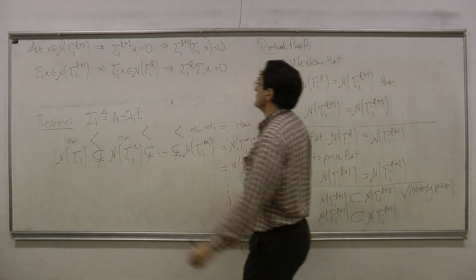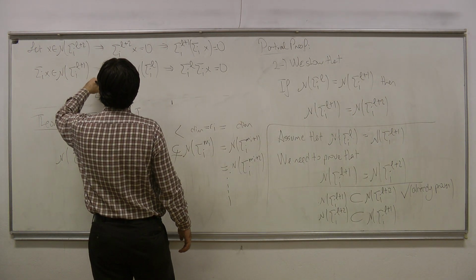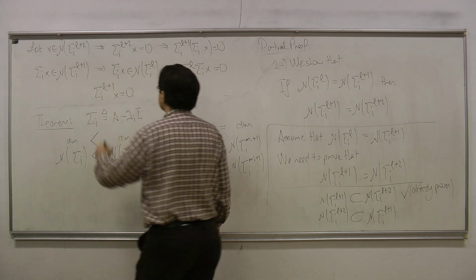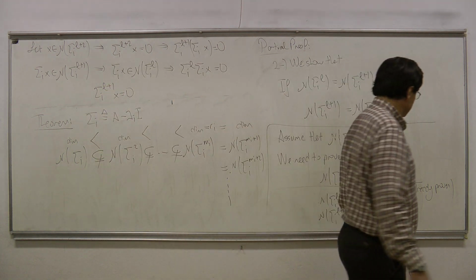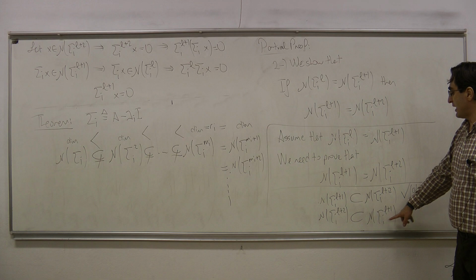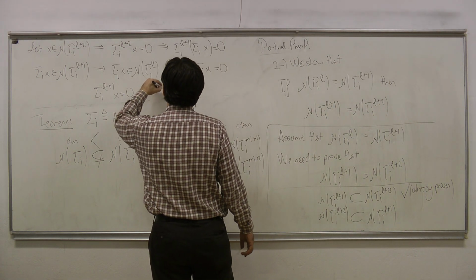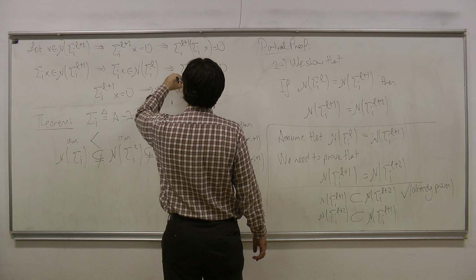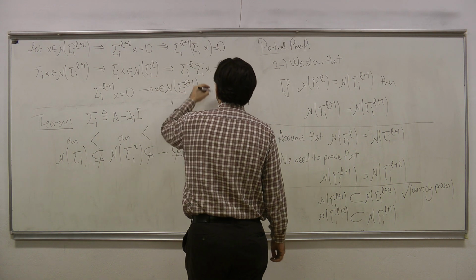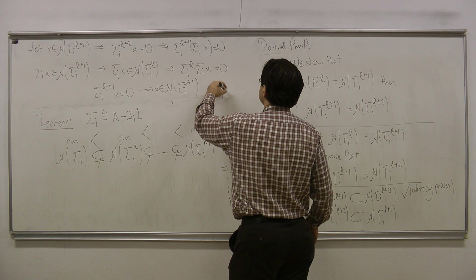But this gives me sigma I to the L plus 1 times X is equal to 0. What does it mean? That means that X is inside the null space of sigma I to the L plus 1. And that completes the proof.